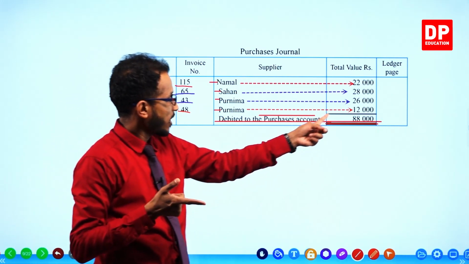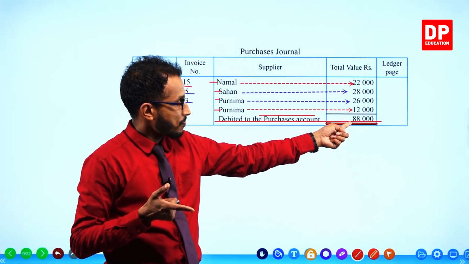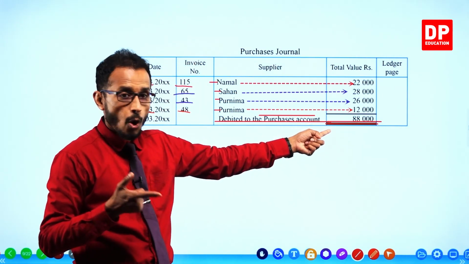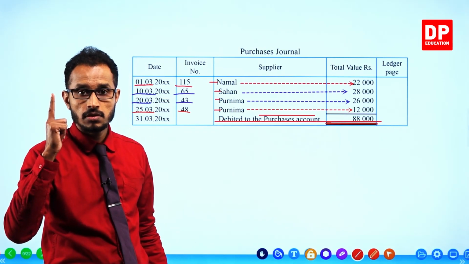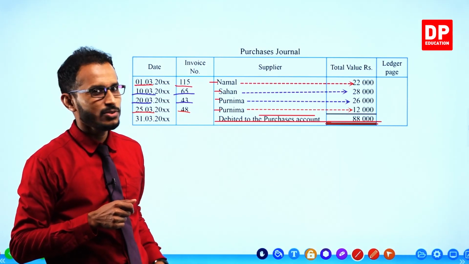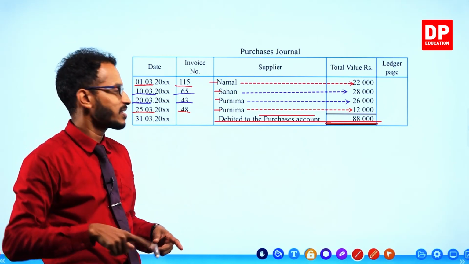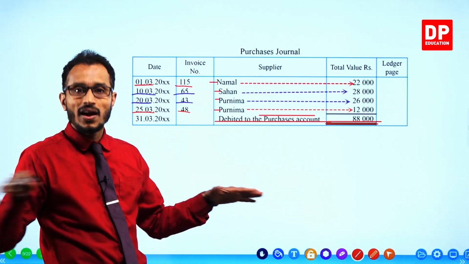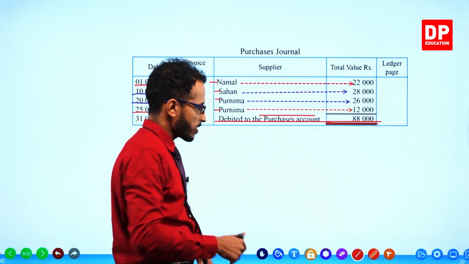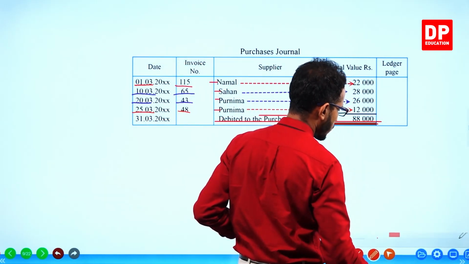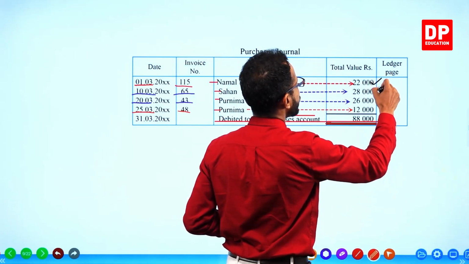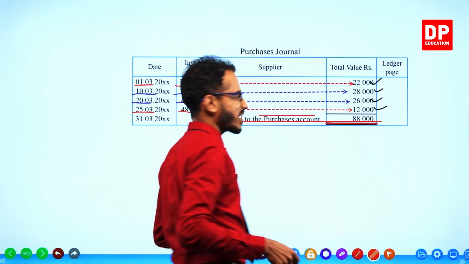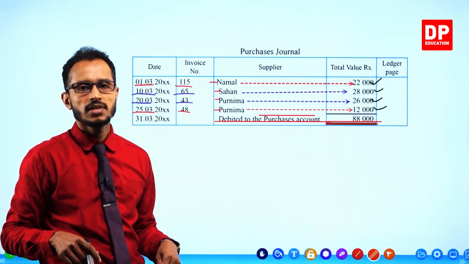You should credit 88,000 to an account called creditors account. Yeah, you came very close. Not to one account, children. You should credit individually to these creditors accounts.